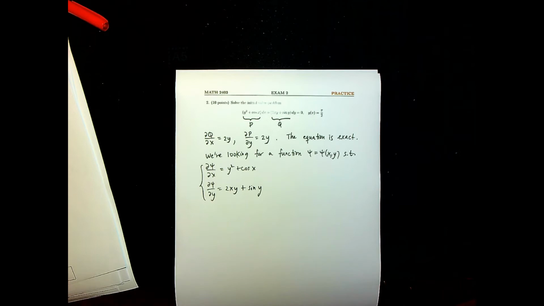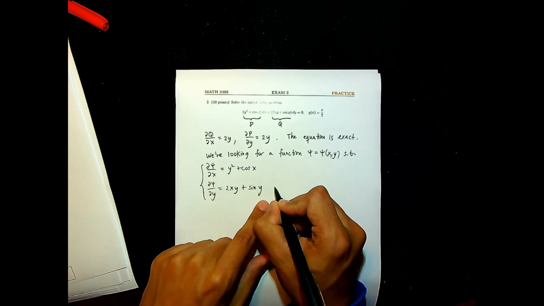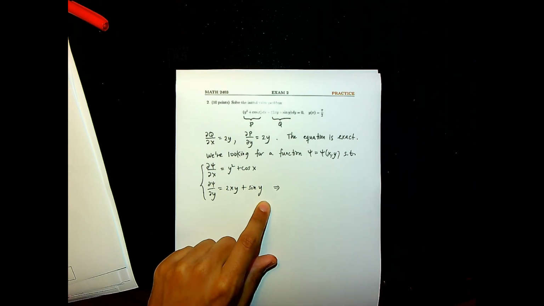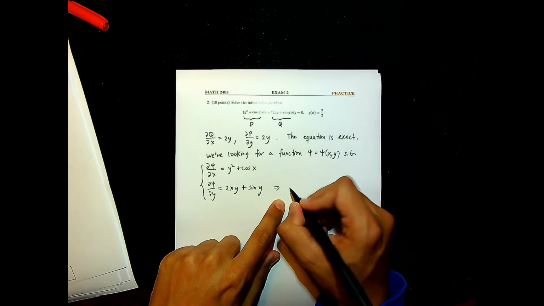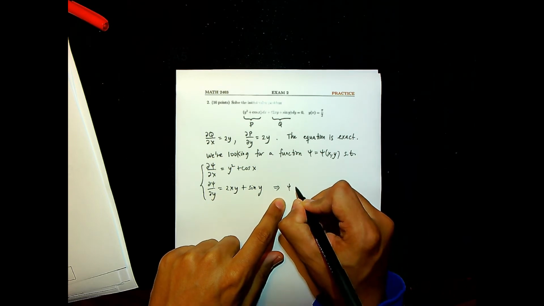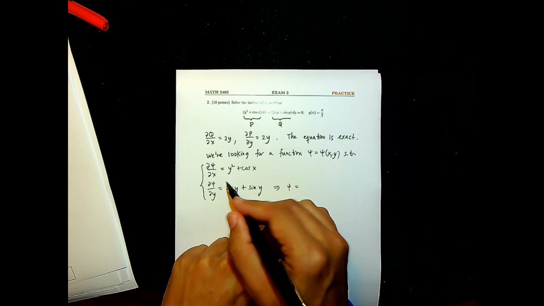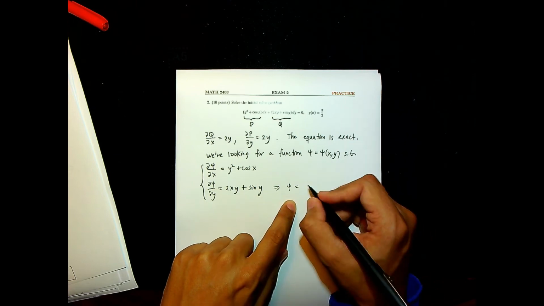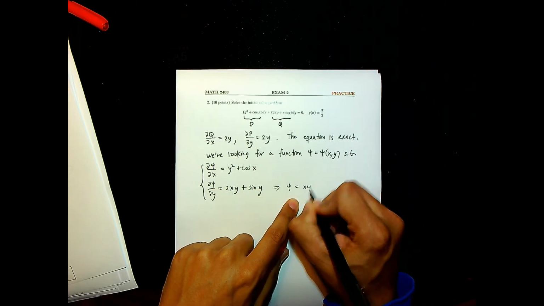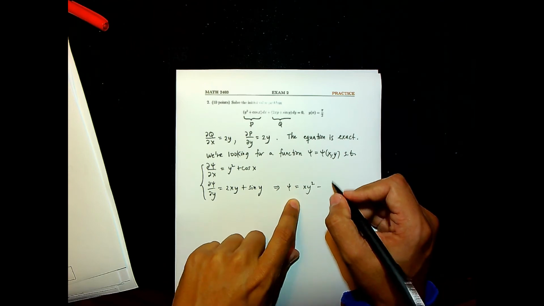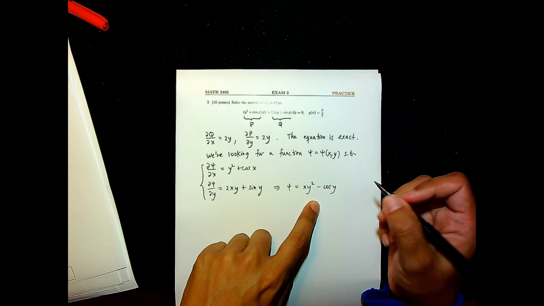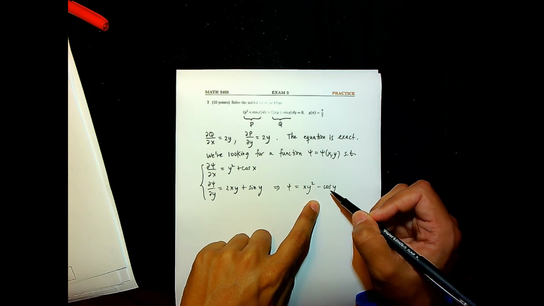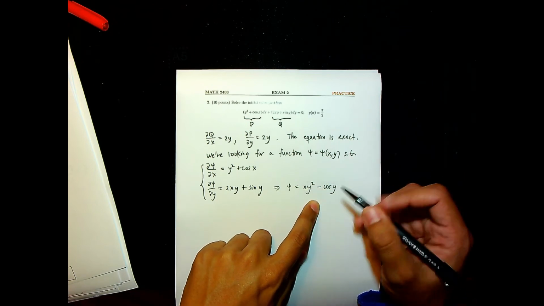I'm gonna integrate the second one with respect to y, so I can undo that partial derivative. So integrating that one with respect to y, the integral is gonna undo the partial, so you're gonna get psi equals, and then the integral of that with respect to y is going to be xy squared minus cosine of y, right? The derivative of cosine is negative sine, so negative and negative gives you positive sine.